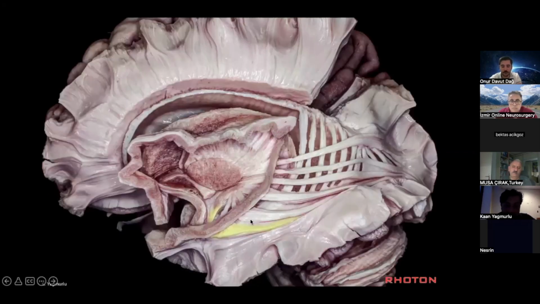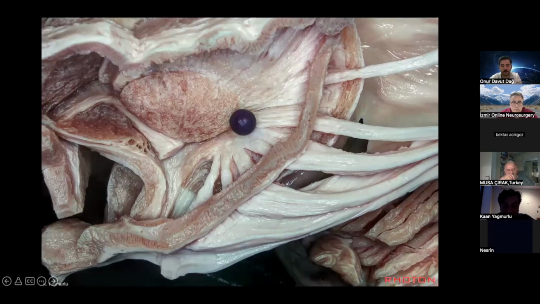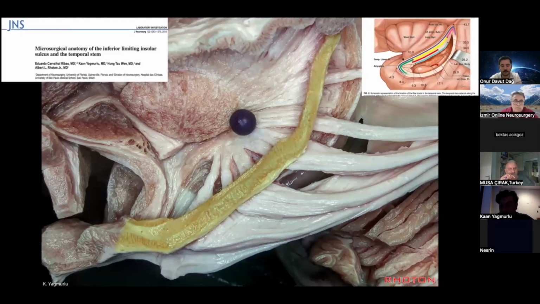Another controversial issue is the most anterior part of the optic radiation fibers, which is also called Meyer's loop. Why is it important? Because this is the inferior limiting sulcus, and for the temporal stem there are two descriptions. First, some authors call only one third of the inferior limiting sulcus the temporal stem.